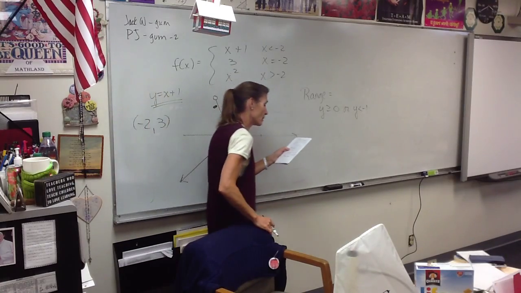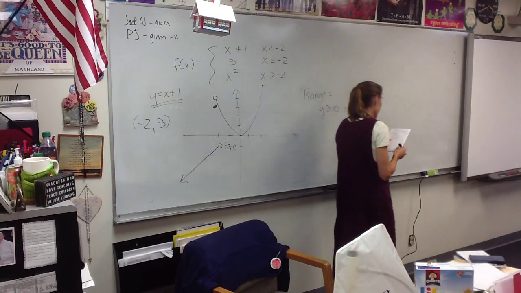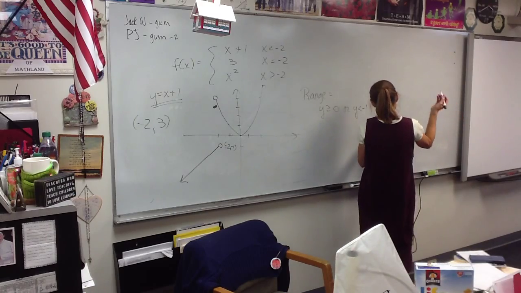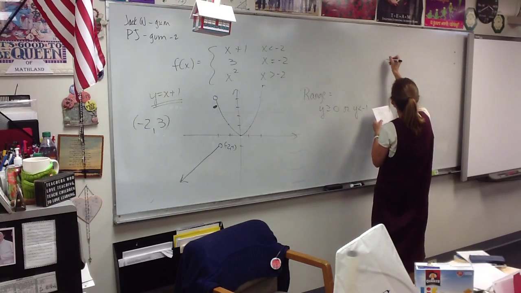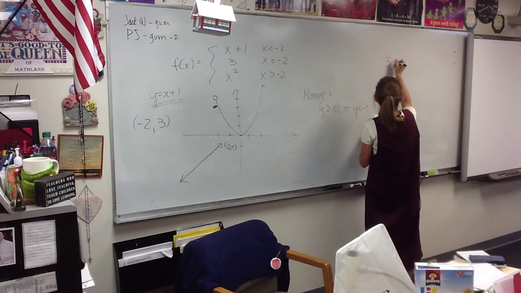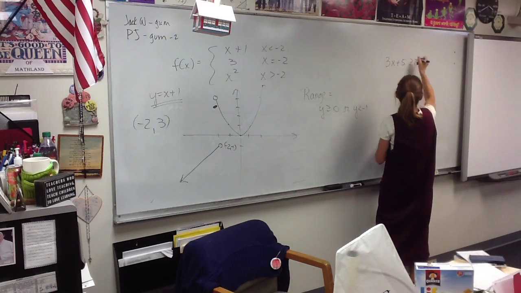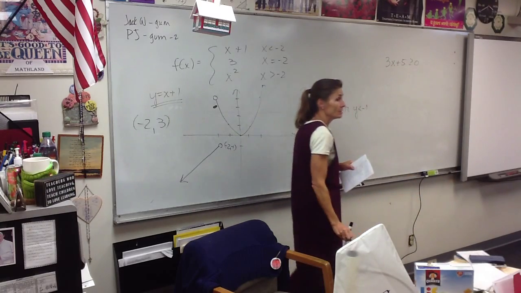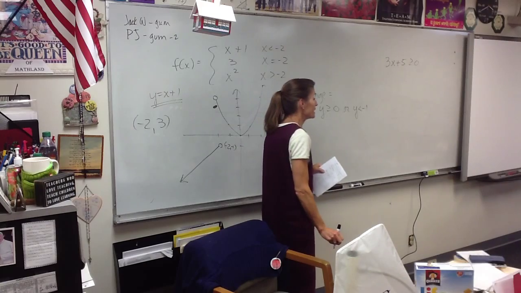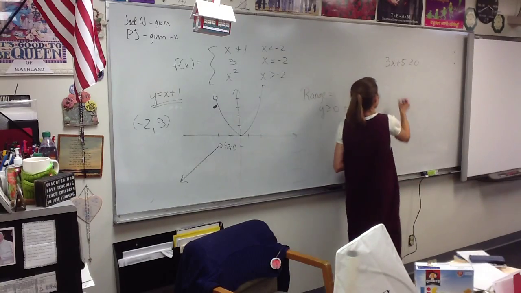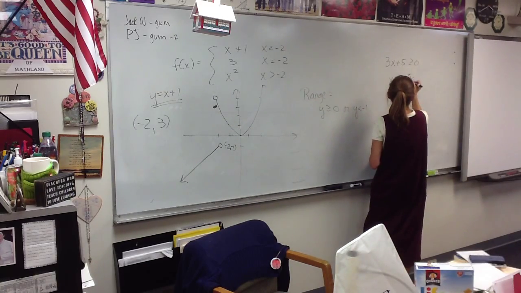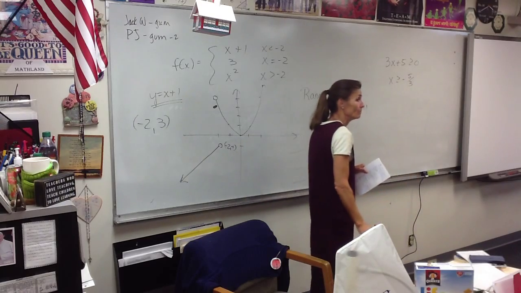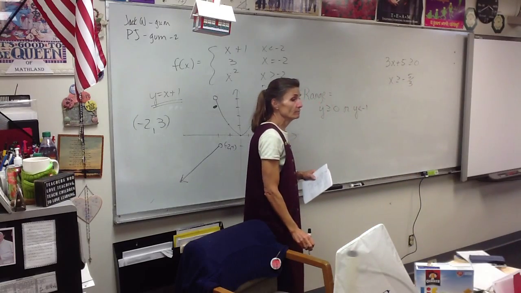Domain. Okay, we just have to know this. What am I thinking about when I look at problem A? Whatever is under the radical has to be greater than or equal to 0. It cannot be negative. It has to be greater than or equal to 0, which means x has to be greater than or equal to -5/3.